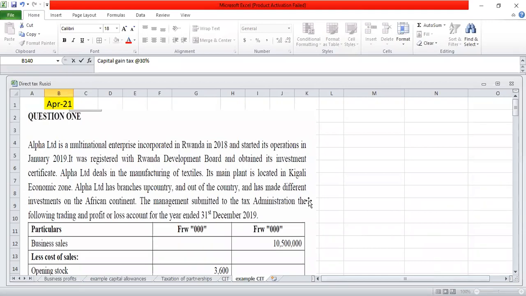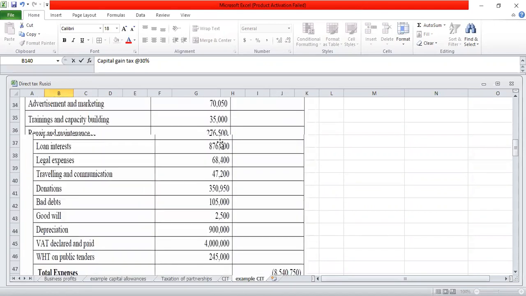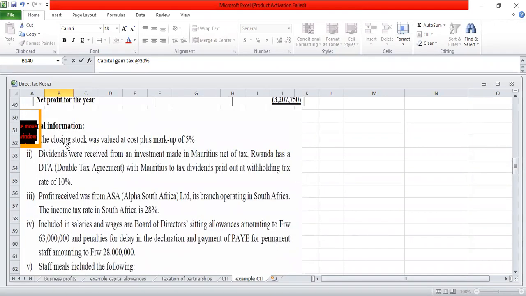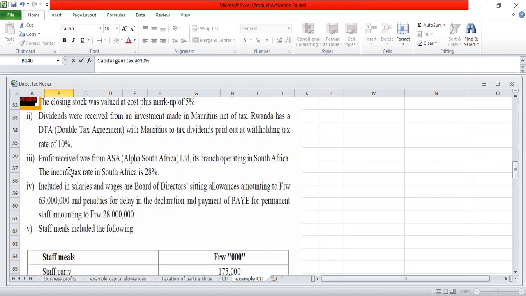The management submitted this for assessment. So this is what was submitted for tax assessment. And the closing stock was valued at a cost plus a markup, so it was overstated. Dividends were received from an investment made in Mauritius, net of tax. Rwanda has a DTA with Mauritius to tax dividend at 10%.